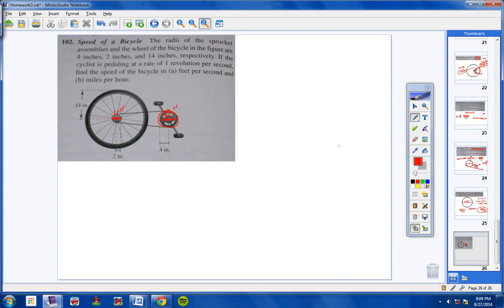This diameter is 4 and this diameter is 8. Thus, when this pulley goes 1 revolution here, this one over here is going to have to make 2 revolutions because the diameter right here is twice as big as this diameter over here.